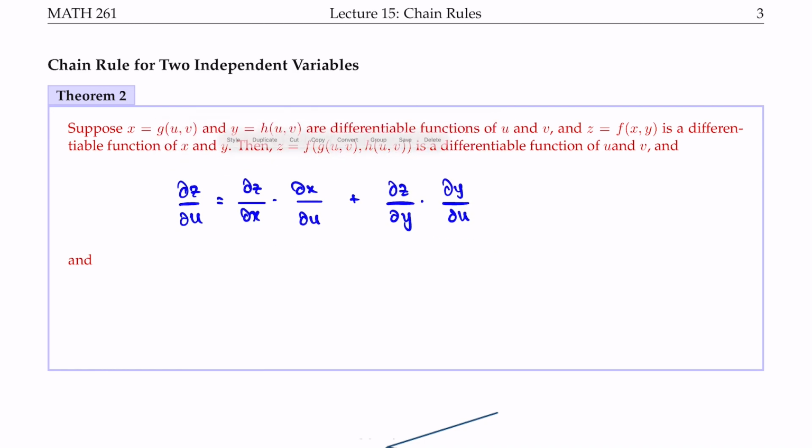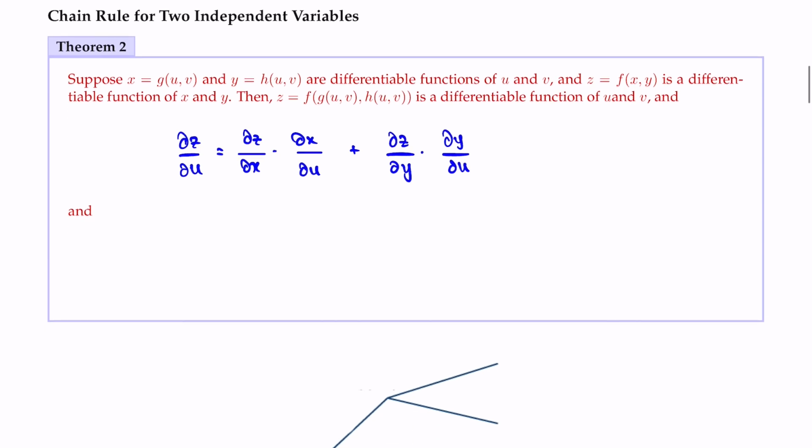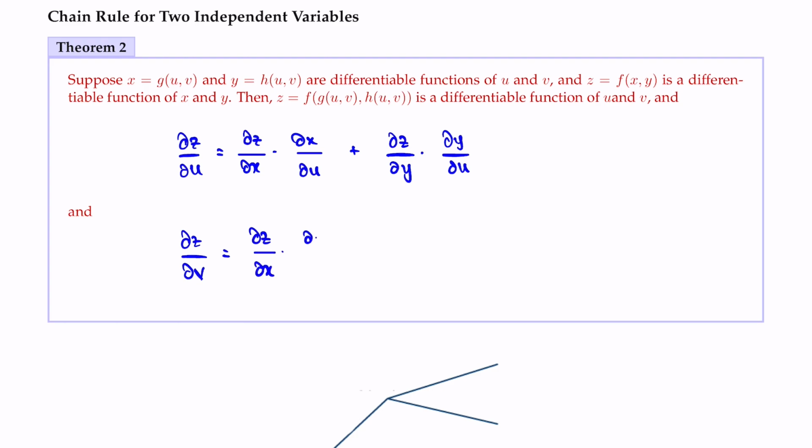Now, because the function depends on two parameters, u and v, you have a second formula, that is partial z partial v equal to partial z partial x times partial x partial v plus partial z partial y times partial y partial v. So again, in this case, you have two formulas because x depends on two parameters, u, v, and y also depends on two parameters, u and v.